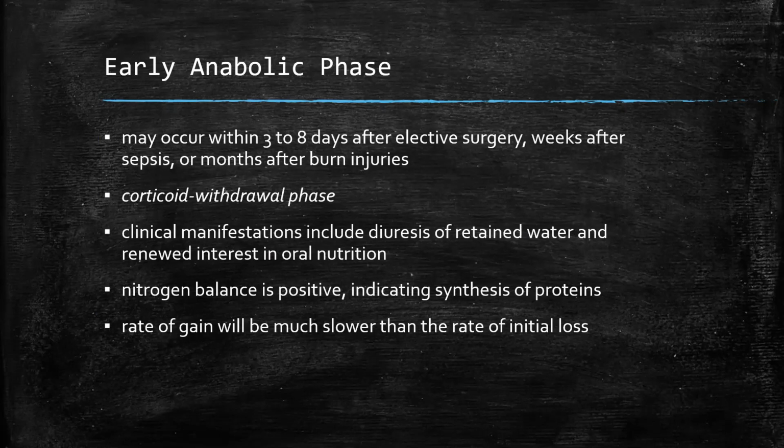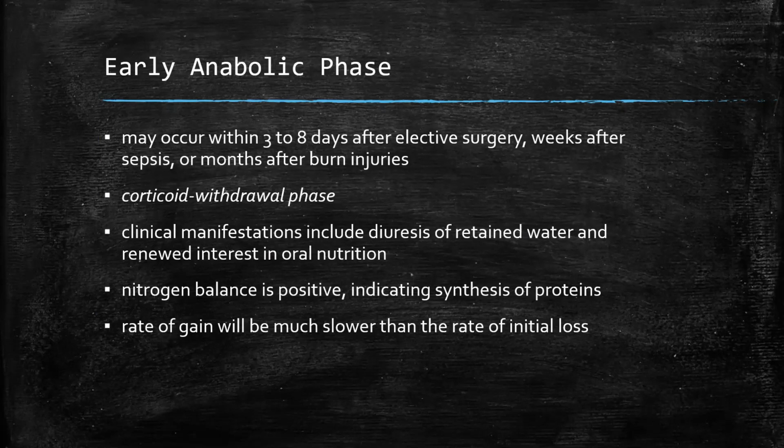Ultimately, if the patient gets through this flow phase, they're going to enter the early anabolic phase. And what gets you from this flow phase, where you're very catabolic, into the anabolic phase? Well, ultimately, this is going to happen when the injuries are sufficiently healed.